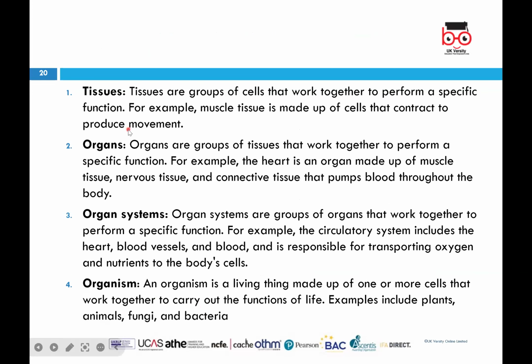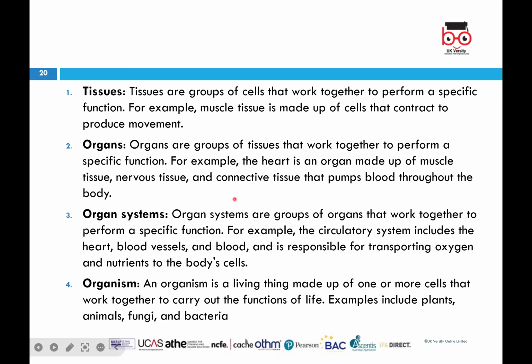What are tissues? As I said, the cells join together to form a tissue, and they have different functions. And organs are again a combination of tissues. So you have the heart, it's made up of muscle tissue, nervous tissue, connective tissue, and that pumps blood throughout the body.